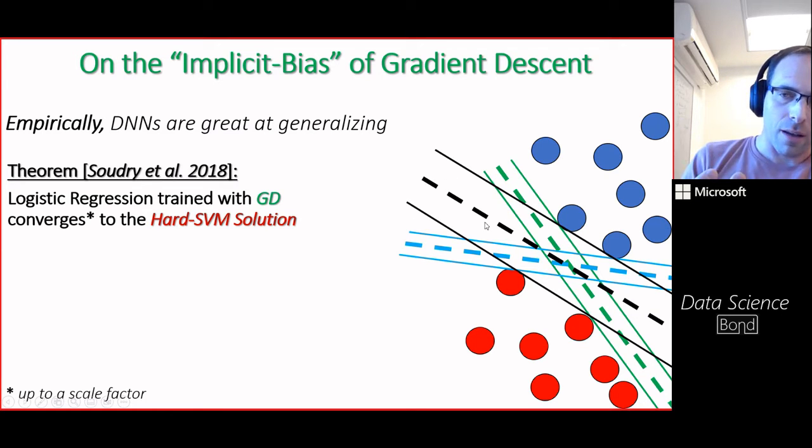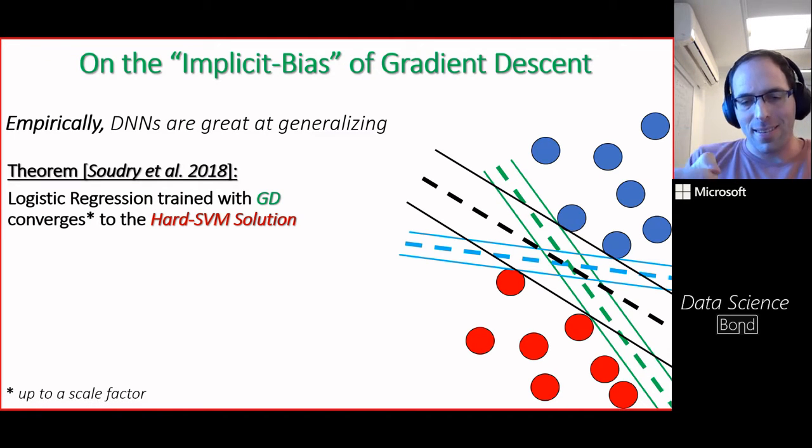But in order to train SVM, you explicitly require your optimization problem to seek this largest margin solution. Doing logistic regression has nothing to do with margin or maximizing the margin.